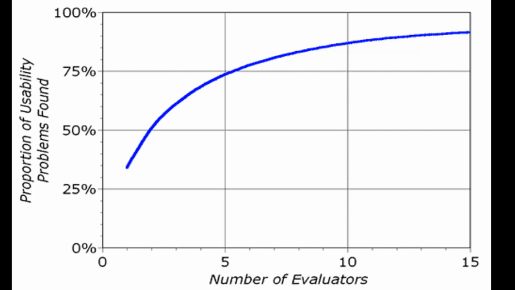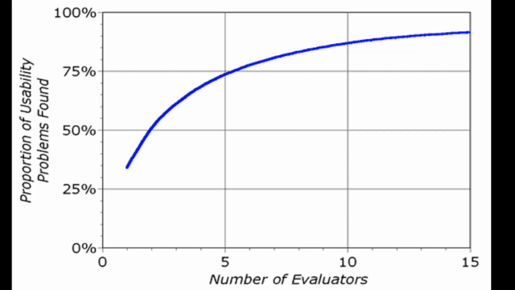The thing about that is that if we go back to our slides over here, you've got a number of evaluators, right? And the more evaluators you have, the proportion of usability problems found will get less.